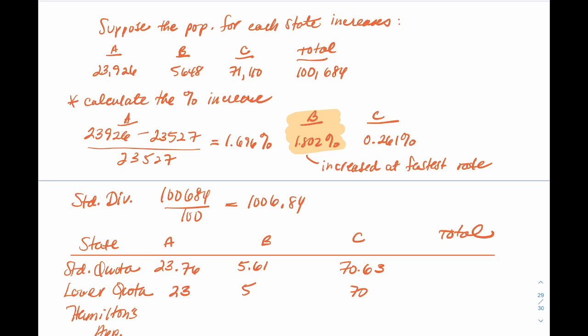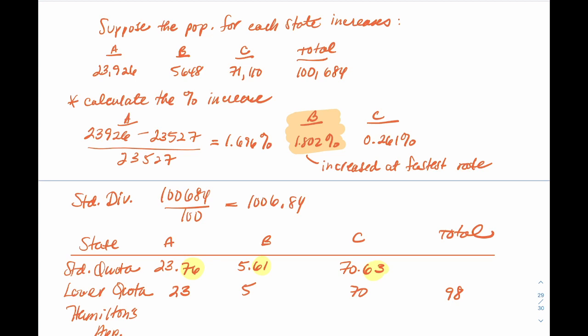Okay, if I add those up, you get 23 plus 5 is 28, plus 70 is 98. So there's 2 seats, and we want to figure out which 2 get it. So remember, we look at the fractional part: 0.76, 0.61, and 0.63.